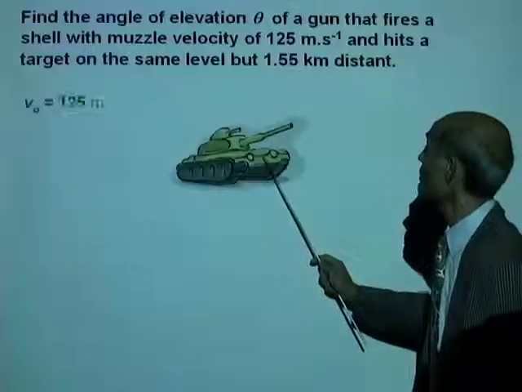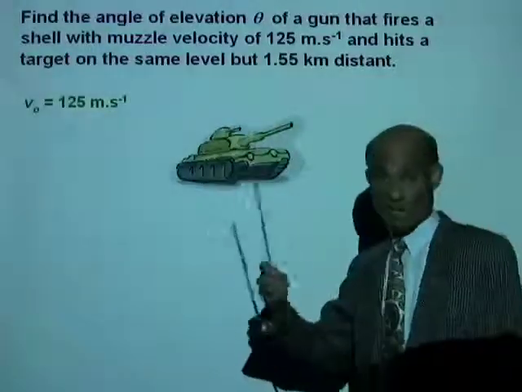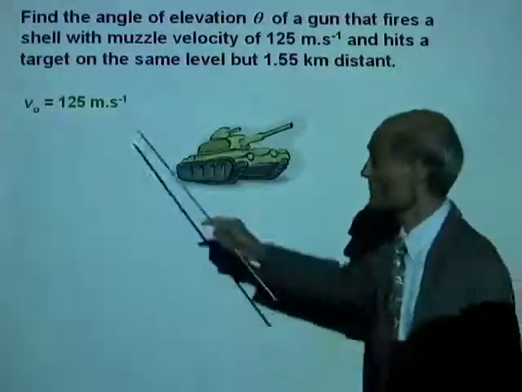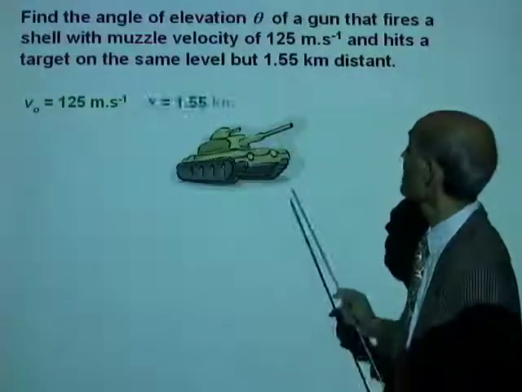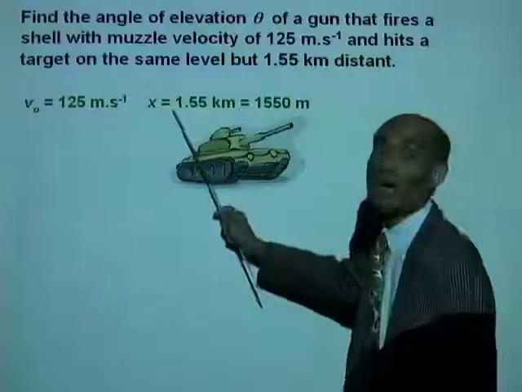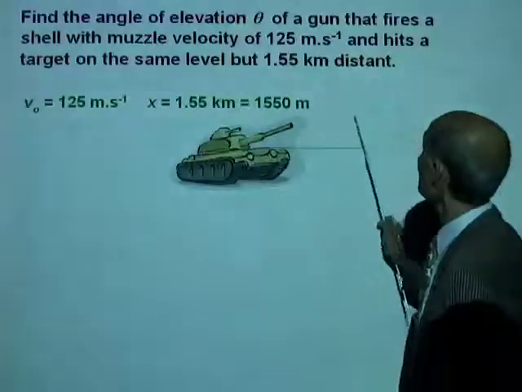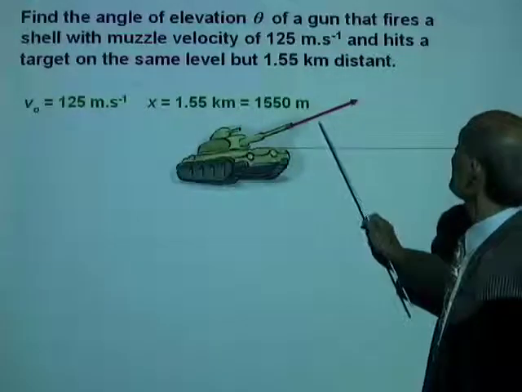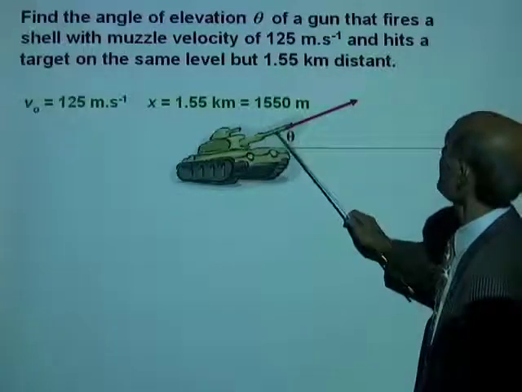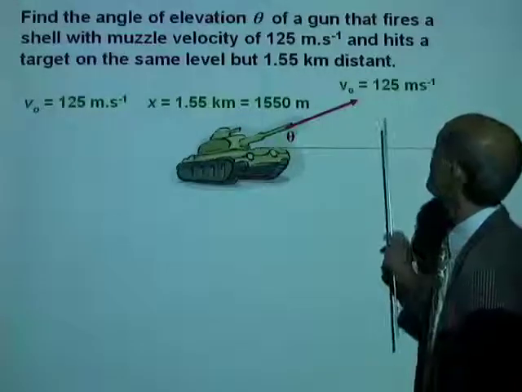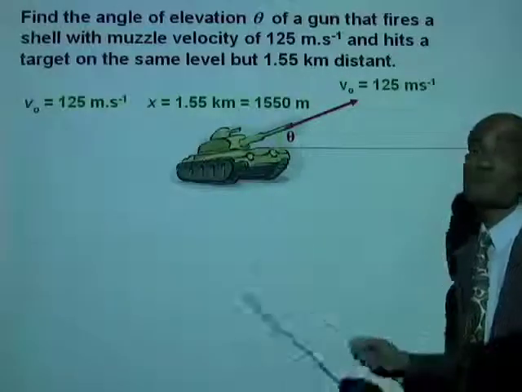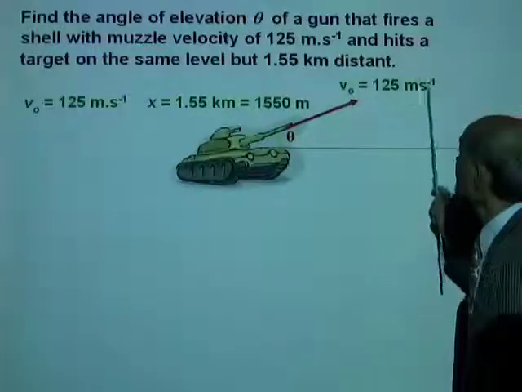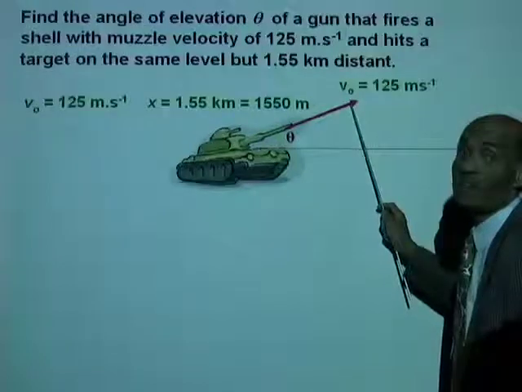The tank fires a shell with a velocity of 125 meter per second, and the horizontal range is 1550 meter.